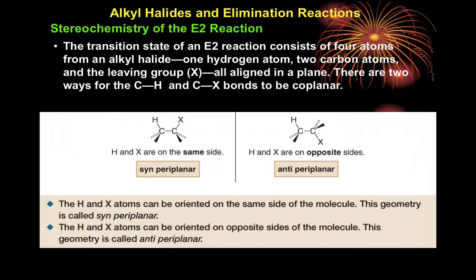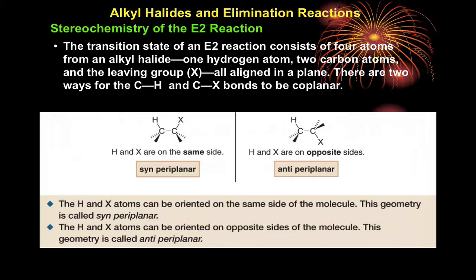If you looked at the Newman projection down this carbon-carbon bond, you would see the hydrogen and the halogen in an anti conformation. We can also have the hydrogen and the halogen being syn-periplanar, but this relationship cannot undergo elimination.